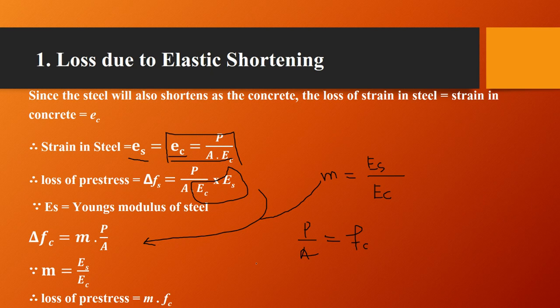So the final loss of pre-stress in case of elastic shortening of concrete will be equal to m into fc.